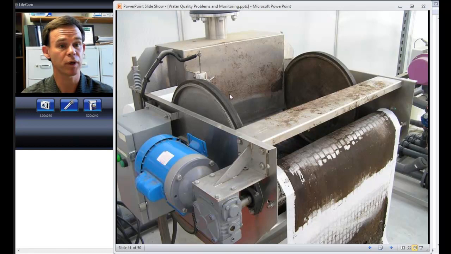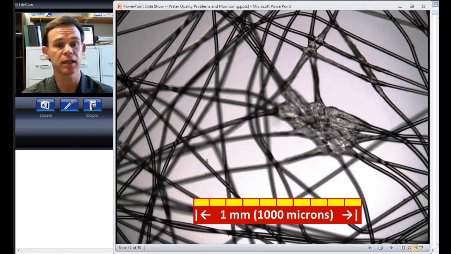Here we've got an example of one of these paper filters. The water comes down, it gets trapped on the paper, and as the paper gets filled up, the pores get filled up with soil, then it moves along. And here's an example of work Dale did, just looking at, under a microscope, different papers that are used in these paper filters.